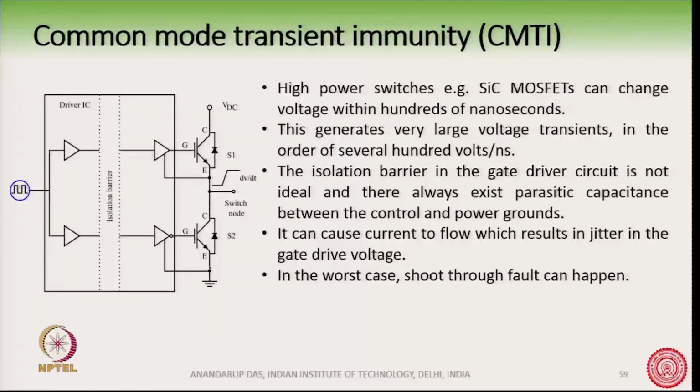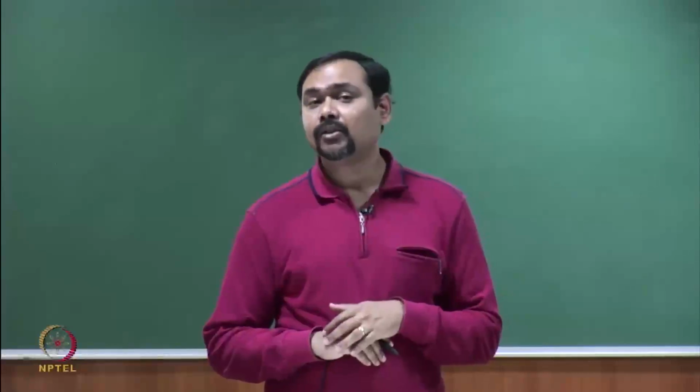So, this voltage during turn on or off can change drastically, in the order of several hundreds of volts per nanosecond. Now, although the isolation barrier in the gate drive circuit is present, they are not ideal.